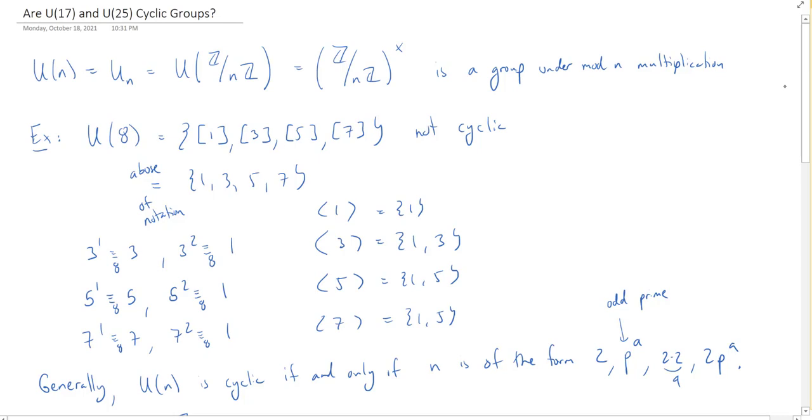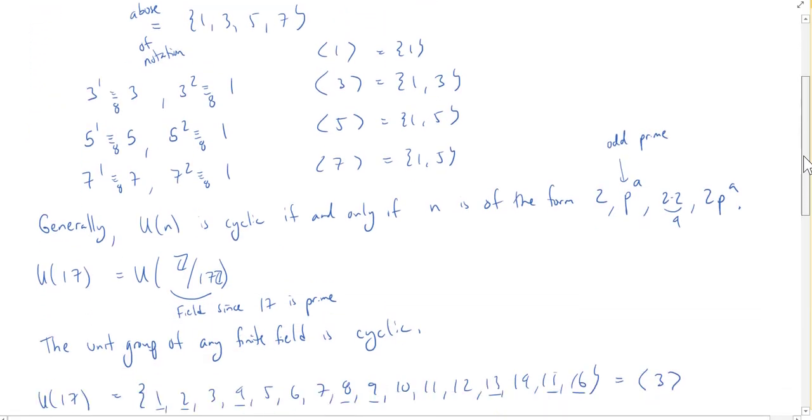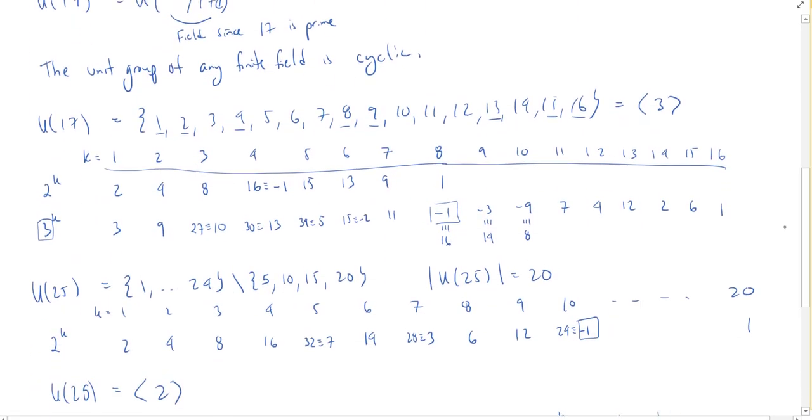But if the numbers are reasonable, it's really just as simple as writing down a bunch of powers of numbers and trying to find -1, because then you can just double the length and figure out where the positive one is going to occur. And you just want one that generates everything, so you just need to figure out how many elements are in your unit group.